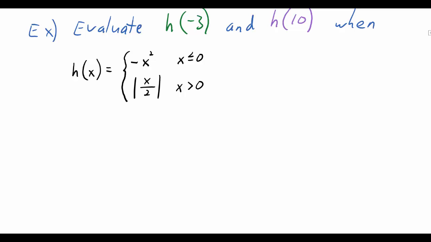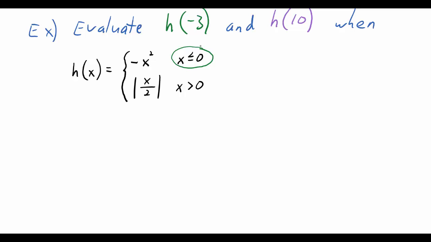In the last example, we need to evaluate h of negative 3 and h of 10 for the piecewise function we graphed earlier. H of negative 3 means we're going to substitute negative 3 into the function named h. Negative 3 is in the top row here because negative 3 is less than or equal to 0.